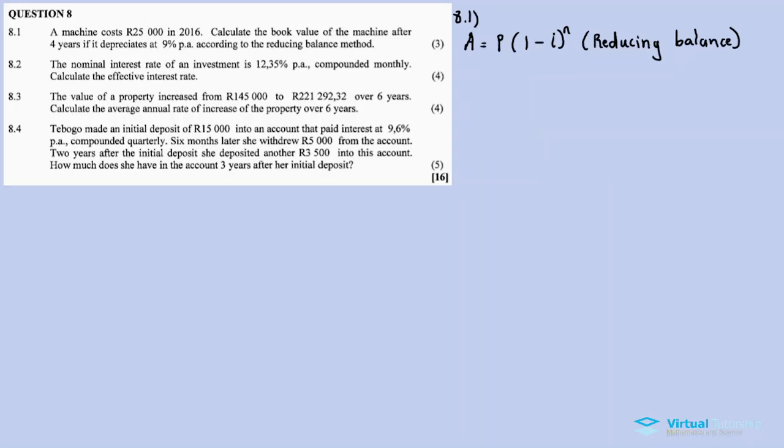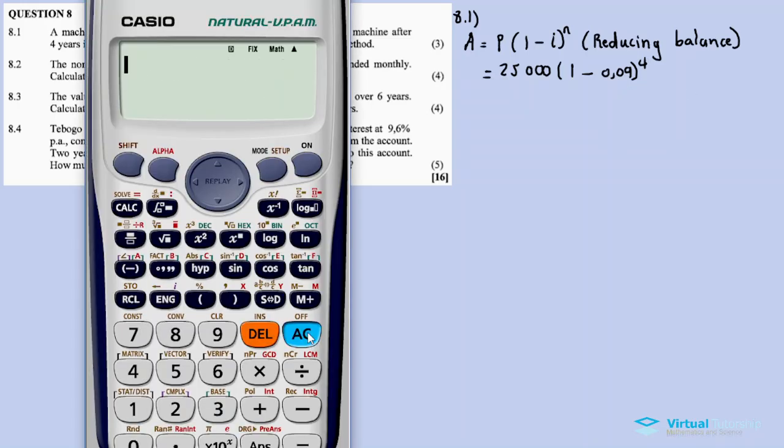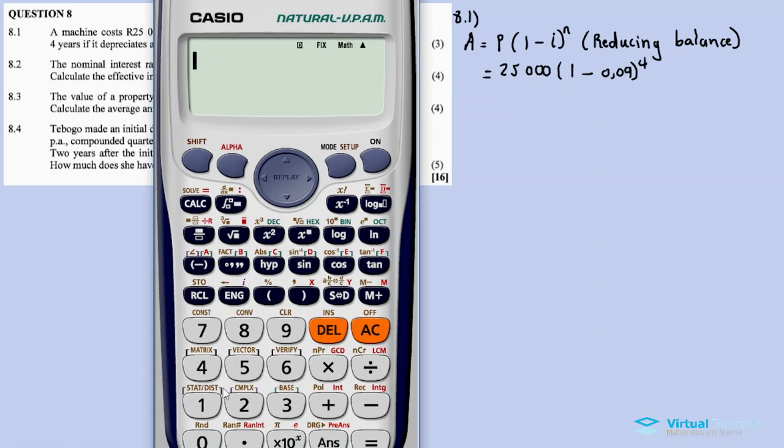Therefore I substitute P as 25,000, times 1 minus I, 0.09, raised to exponent 4. It's 25,000 times 1 minus 0.09 raised to exponent 4.